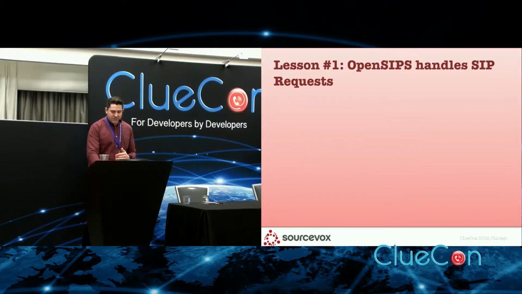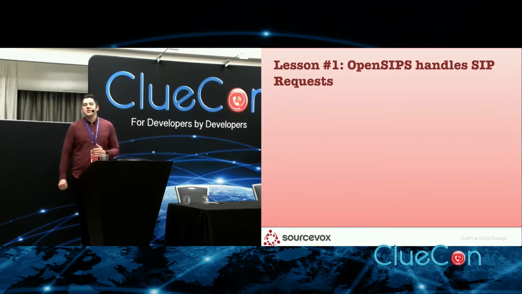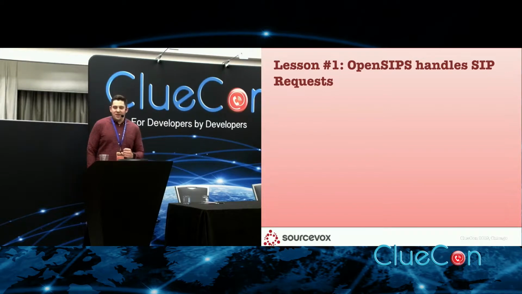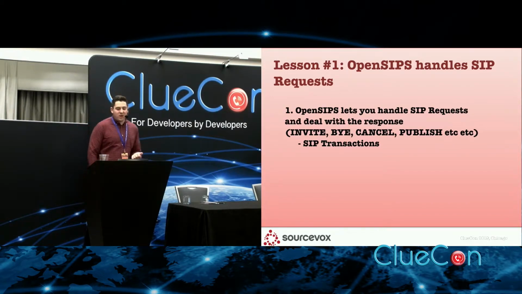So, the first lesson we had to learn was that OpenSIPs is very different to FreeSWITCH in that it handles SIP requests as opposed to just handling this kind of generic call. It lets you handle SIP requests.